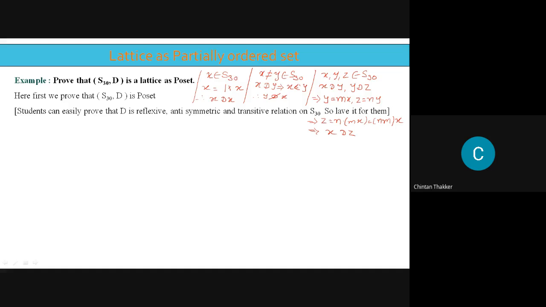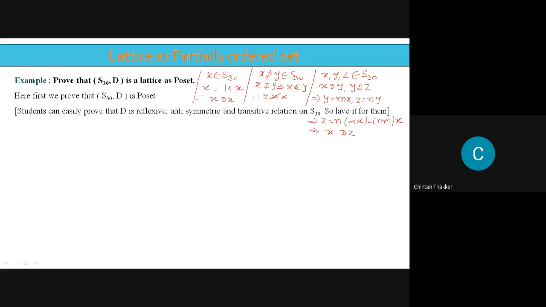So what are the LUB and the GLB for the divides relation? They are GCD and LCM: for the divides relation, GLB is GCD and LUB is LCM.